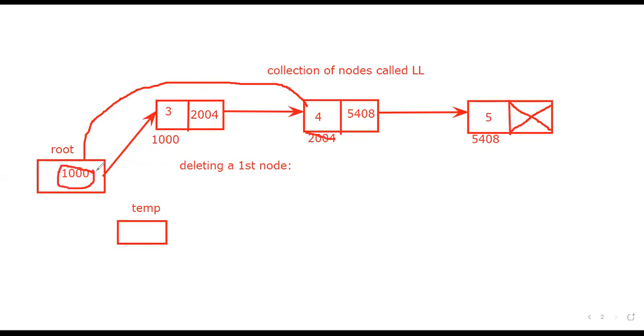So instead of 1000, we should store the 2004 location. That means the next node is pointing to the temp variable. That means the temp variable is connected to this second node, but the location 2004 is stored in the root variable. Now the root variable is directly pointed to the second node of the list.